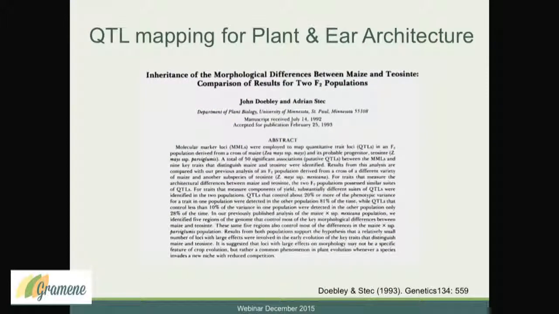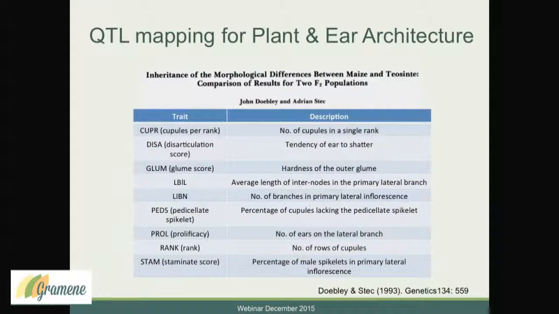So here is that original publication I was talking about. This is the table from the publication, just defining the traits that they were looking at, and just to show you the kind of words that you are going to be interested in. In this example, I'm going to be interested in gene ontology terms that look for architecture, branching, and so on.